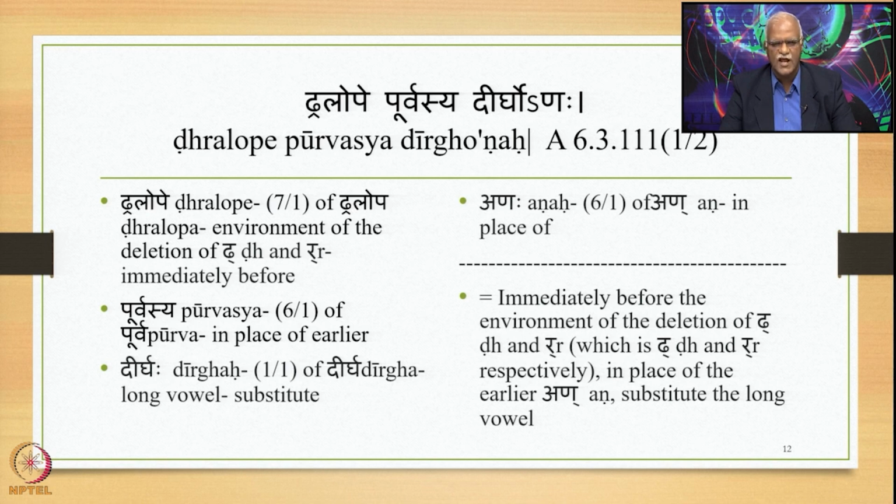Purvasya is 6/1 of purva, which in this case means in place of an earlier element. Dirghaha refers to 1/1 of dirgha, which means long vowel as the substitute, and anaha is 6/1 of an, which means in place of.